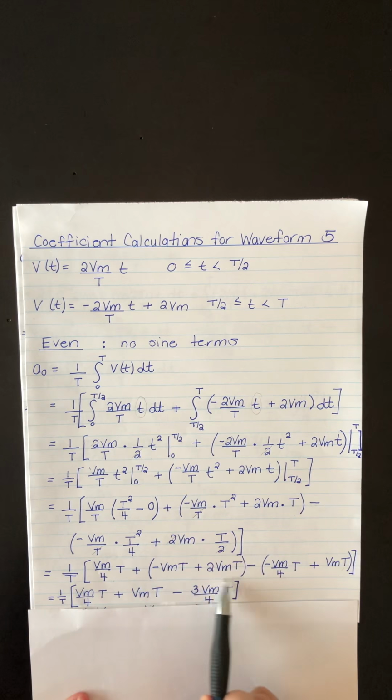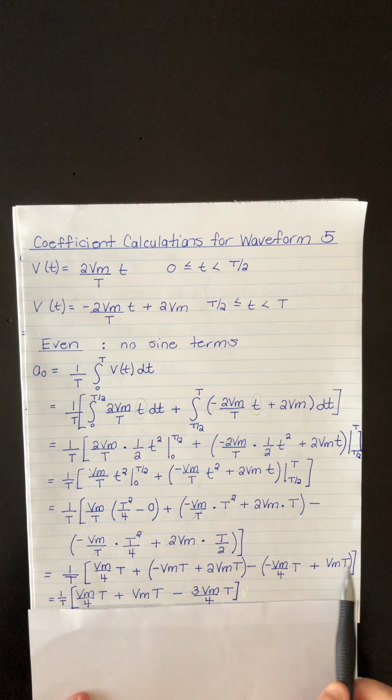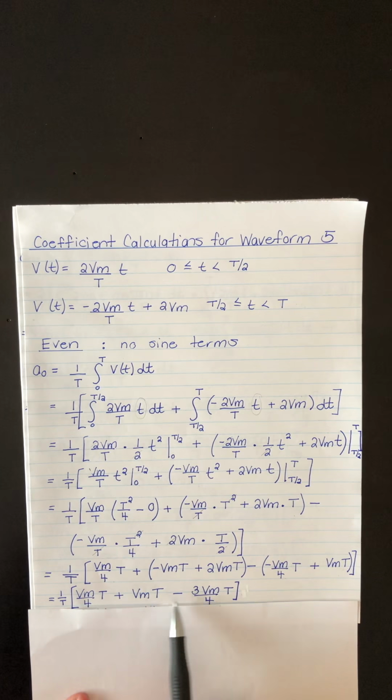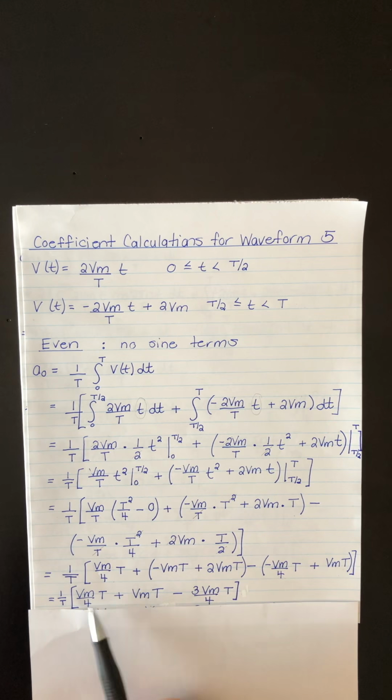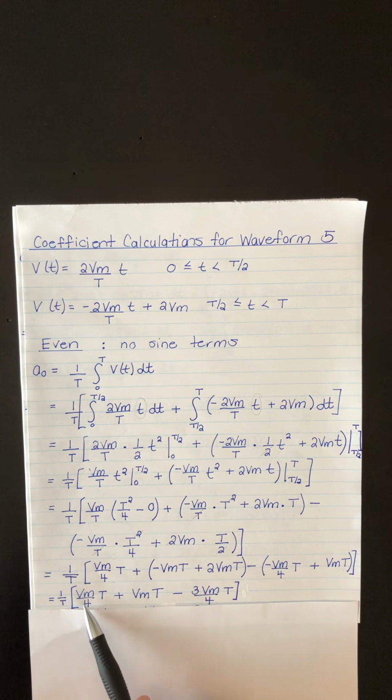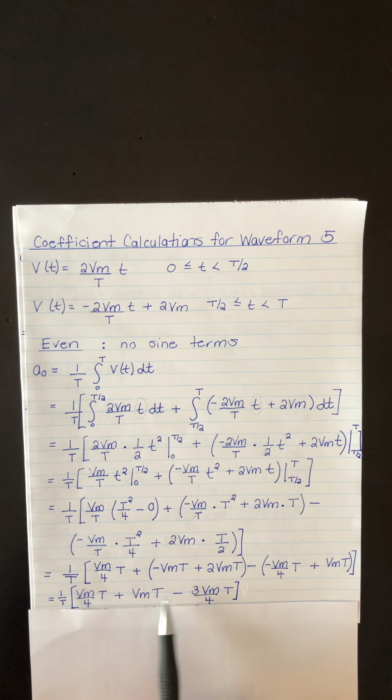The bracket became this. The second bracket became this. So we take a look at this. How many v max t terms do we have? 1/4 plus 1/2 minus 3/4.